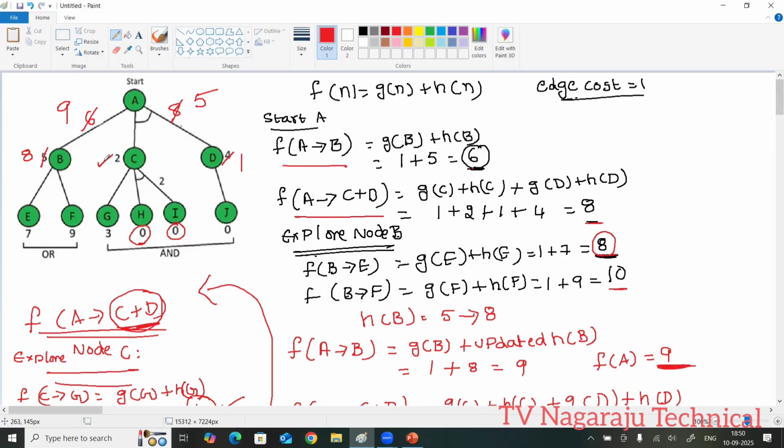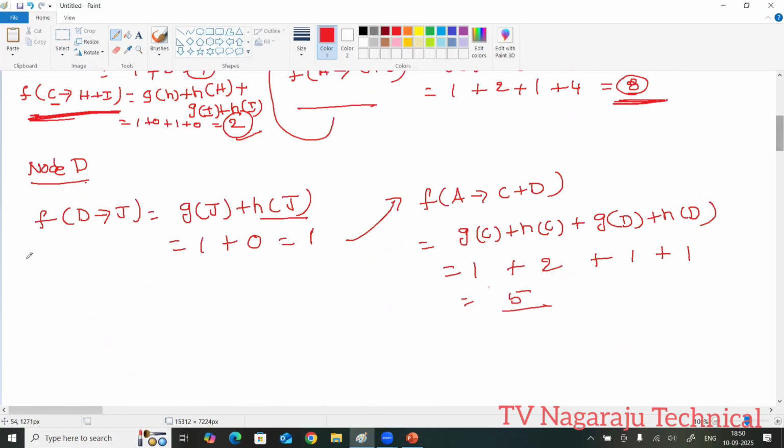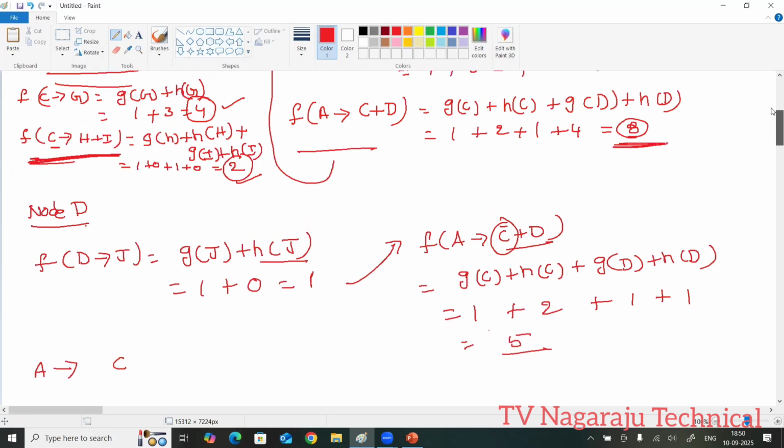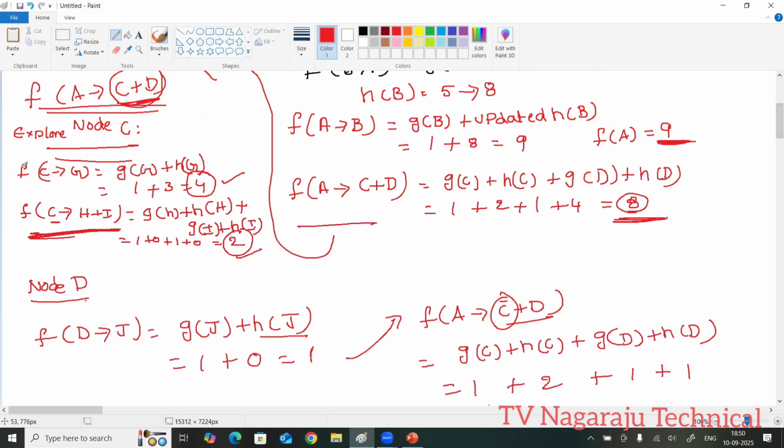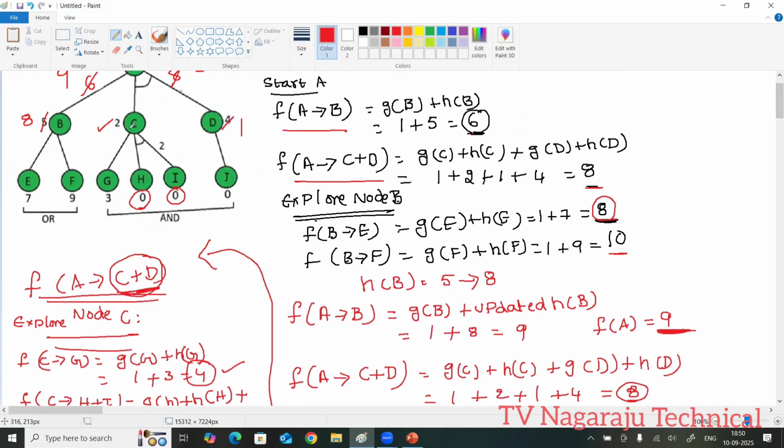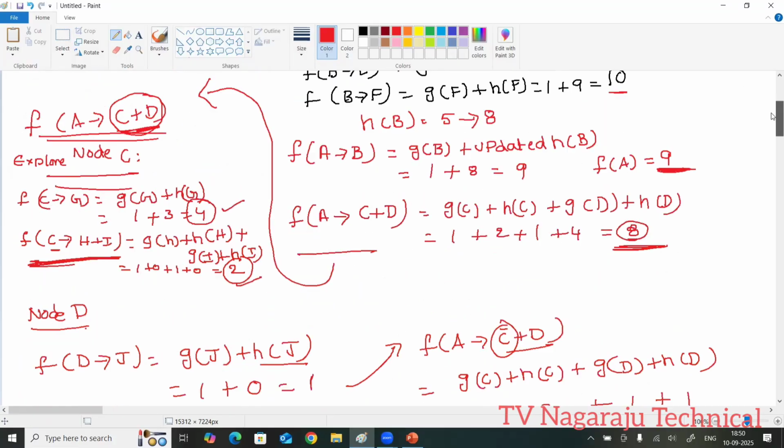And anyway, all the nodes are completed. Now what is the final path? If you observe carefully, the final path is A to C plus D. In the C, what is the path? Two possibilities are there. If you observe the diagram, from C, two possibilities, either G or H plus I. Which one has the minimum cost?